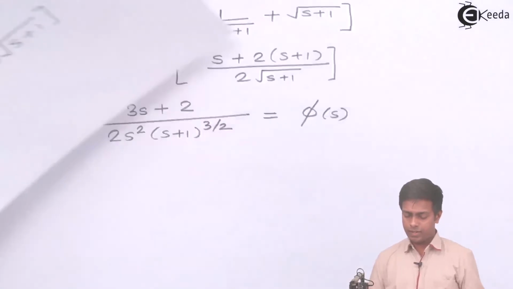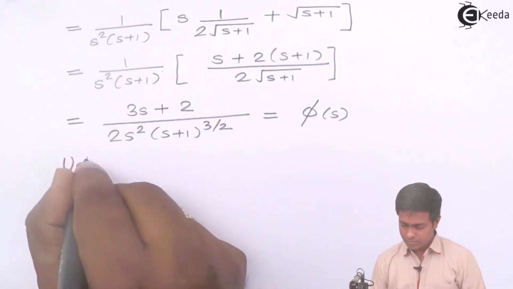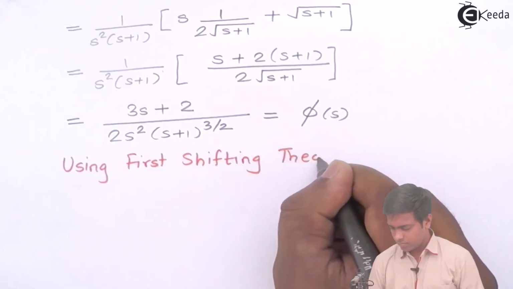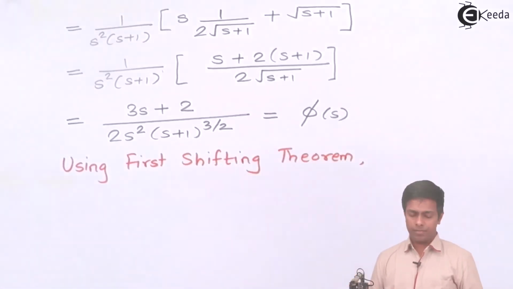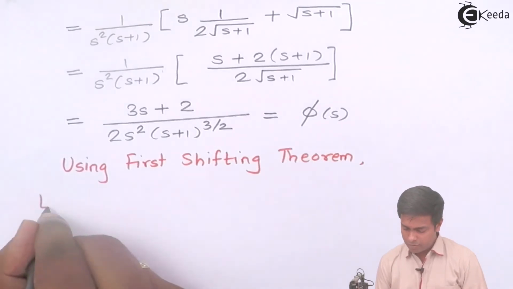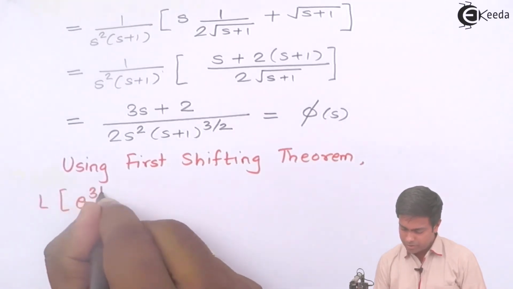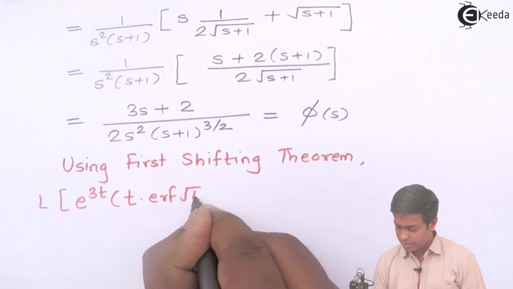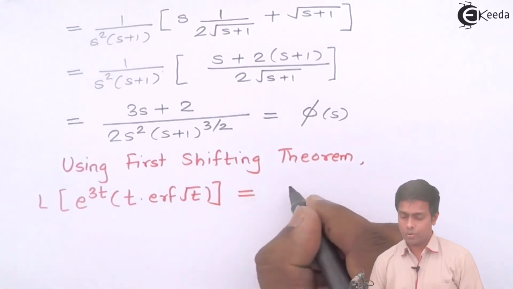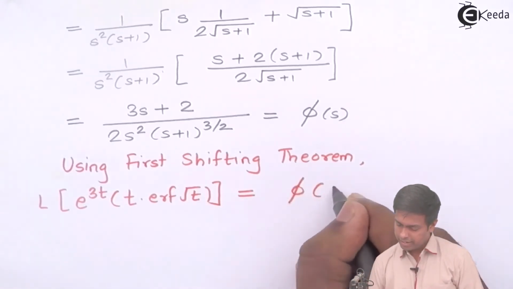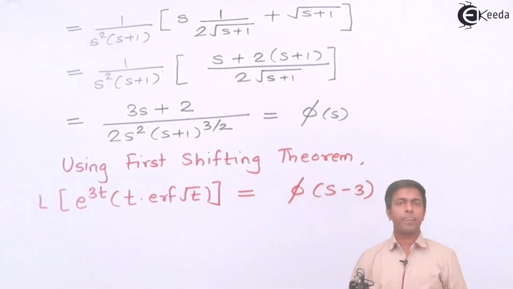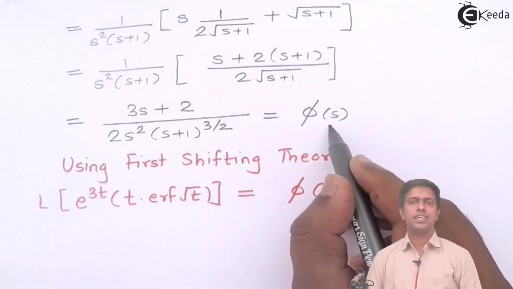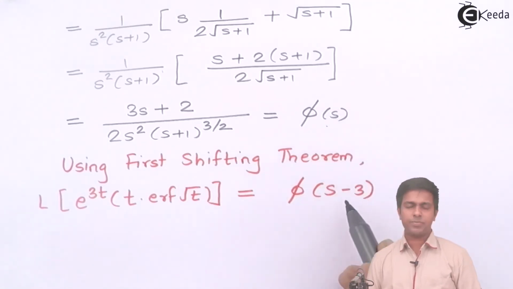So here I'll say, using the first shifting theorem, the Laplace of e to the power 3t into t into error function of root t is equal to phi of s minus 3. And here I got the value of phi of s. So in phi of s, I'm going to replace s with s minus 3.